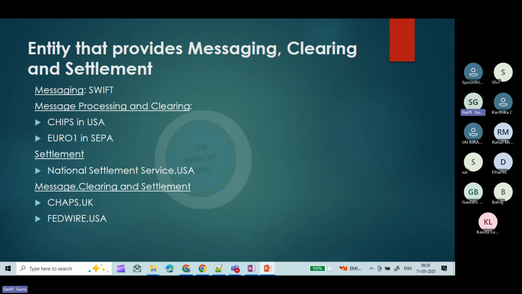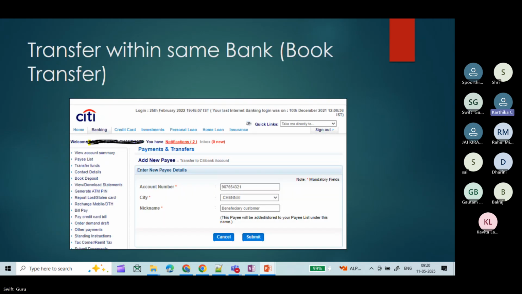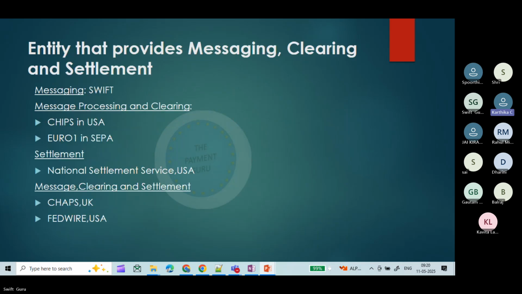You have the messaging, clearing, and settlement, which is being done at the RTGS system. So RTGS is one example for you. But one more thing, will IMPS and NEFT also come under the message, clearing and settlement part or not? That you need to check. I'm not sure on that.